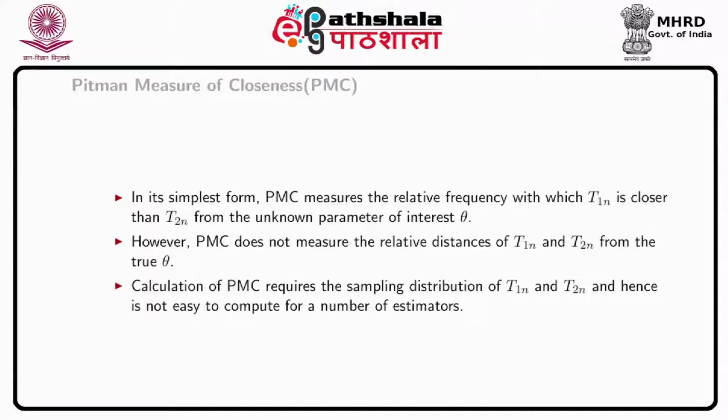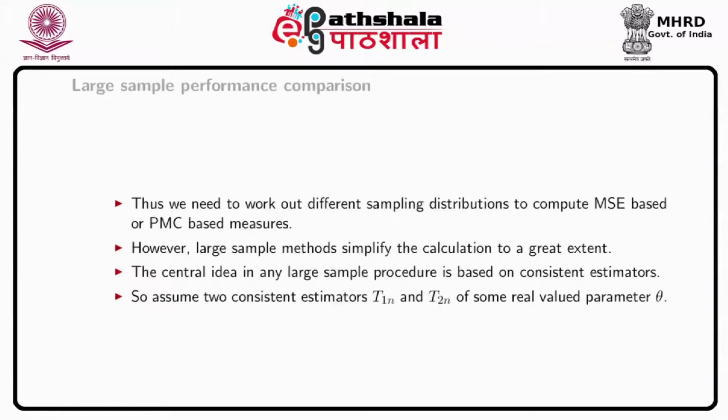However, PMC does not measure the relative distance of T1n and T2n from the true value theta, and calculation of PMC requires the sampling distribution of T1n and T2n, and hence is not easy to compute for a number of estimators.